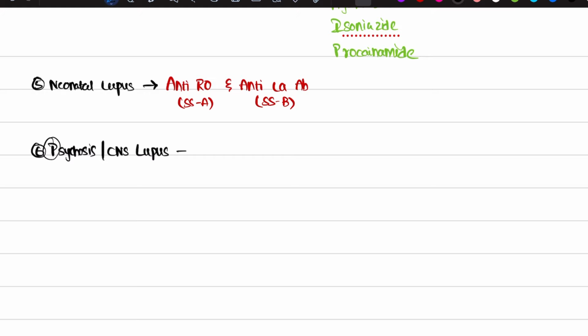Let me write it for you guys. Anti-ribosomal P antibody. Let's remember it by psychosis P and antibody P: anti-ribosomal P, psychosis P. This is how we are going to remember this one.